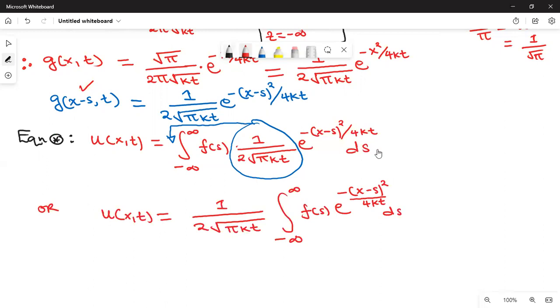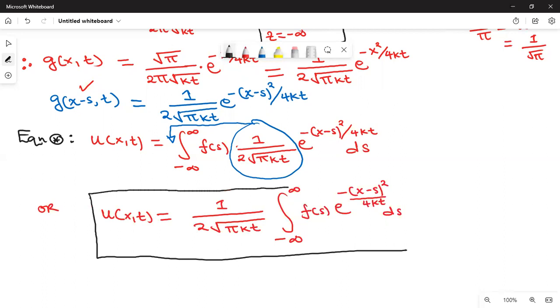This is our solution. If you knew the function f of s, then you could find the particular solution corresponding to that given function. But in this case, we are not given the function f of s, so we leave our solution as this one.